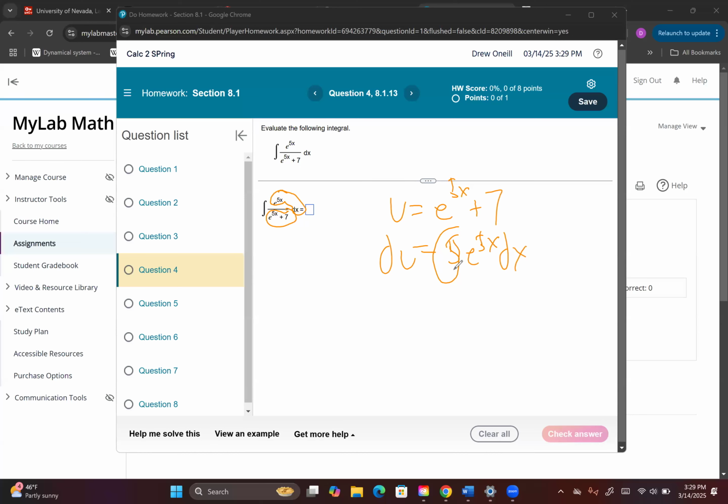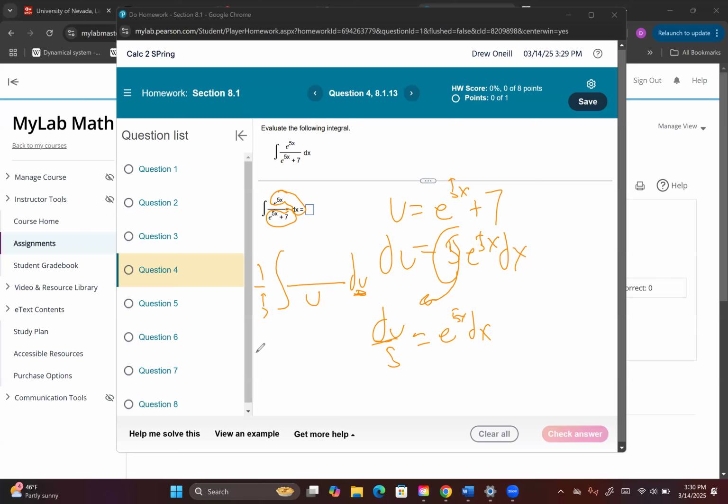So this is a case where, remember, this is the hardest part of Calc 2. Maybe you don't believe me, but you have to move this 5 over. And you say, this is du over 5, and that's equal to e to the 5x dx. And so what we have is a u in the denominator, and we have a 1/5. So when I write du over 5, I'm imagining the du part here, and I'm imagining that over 5 out front because it's a constant.